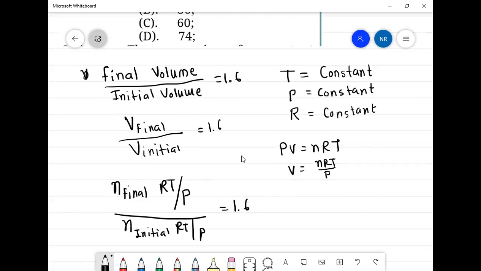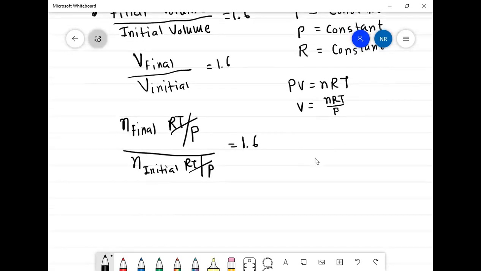R is constant, T is constant, P is constant, so they cancel out. What remains is the number of moles final divided by the number of moles initial. If we know both, then we can find the percentage of conversion.